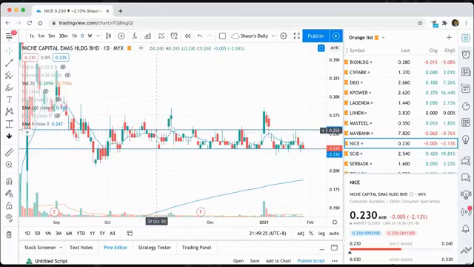And you can see here the resistance and support lines are quite strong. The resistance has been broken a few times, but no successful breakouts. They all come back down.